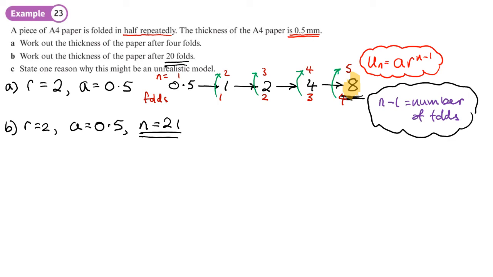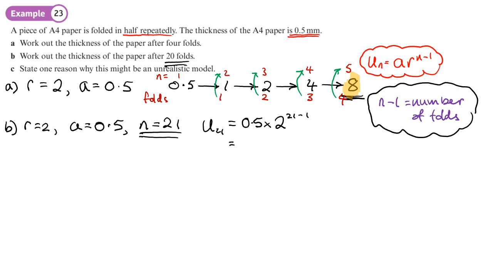Right, so now we can use the formula. So actually the 21st term, which will be after 20 folds, would be a times r to the power n minus 1. So 21 minus 1.